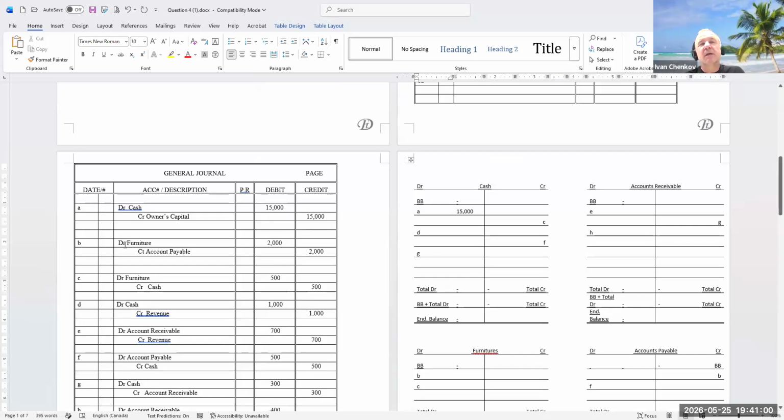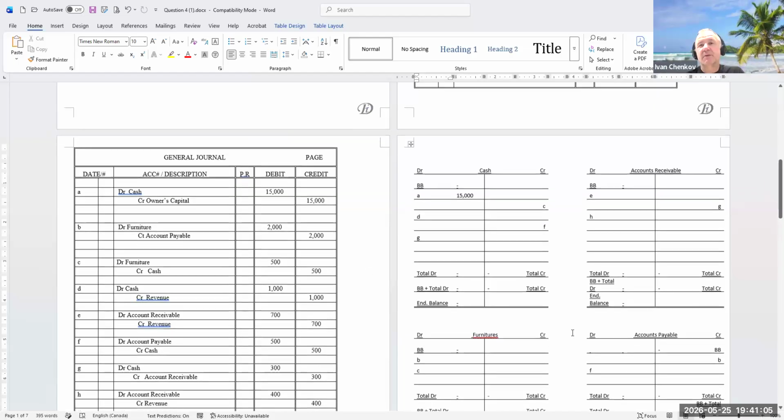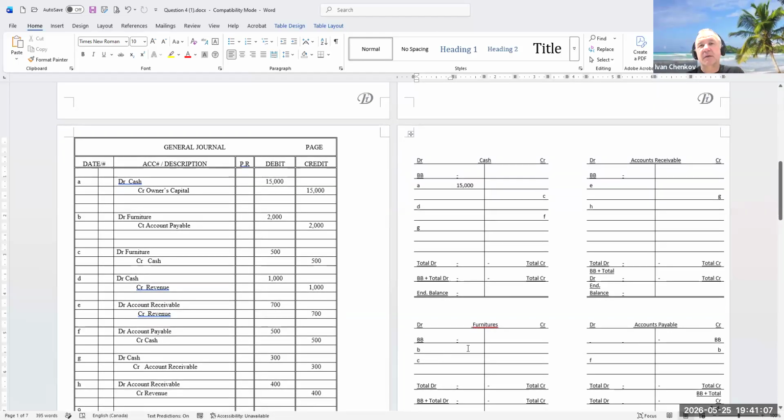So next one, we get the furnitures, letter B. So let's see where the furnitures are. The furnitures are right here. So that will be debit furnitures, and let's put 2000 here. Now, we didn't pay cash. We create accounts payable, which is a liability account.